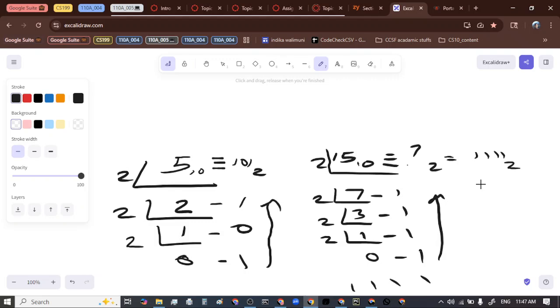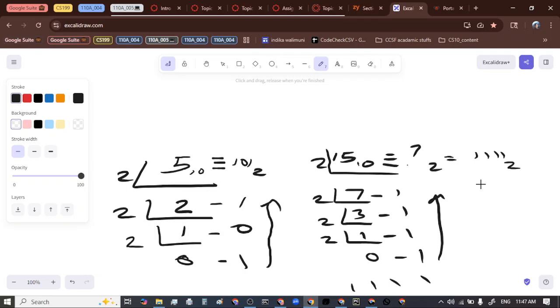So here's how you connect the dots, right? The last digit of the hex system is 15, which is F, and we require 4 binary bits to represent that. What is the first digit in the hex system? 0, right?